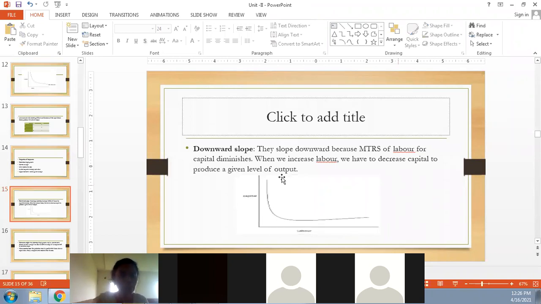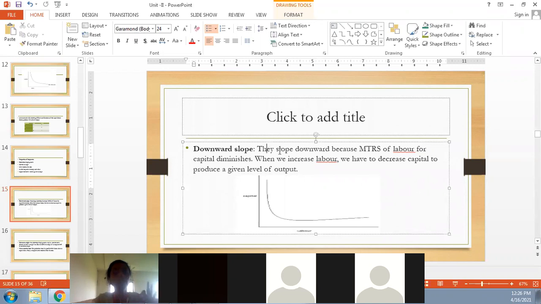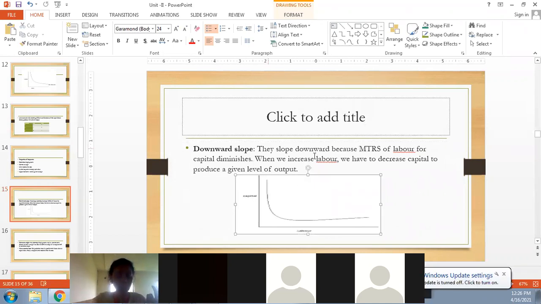The slope of this curve is always negative. See here, the first property: downward slope. Why? Because the MRTS of labor for capital diminishes.